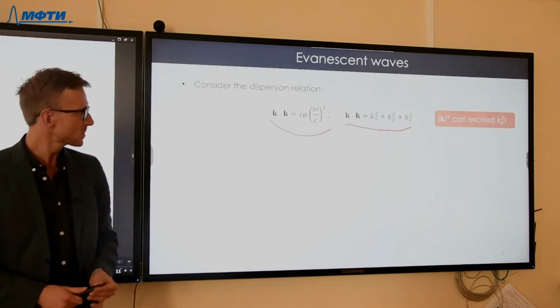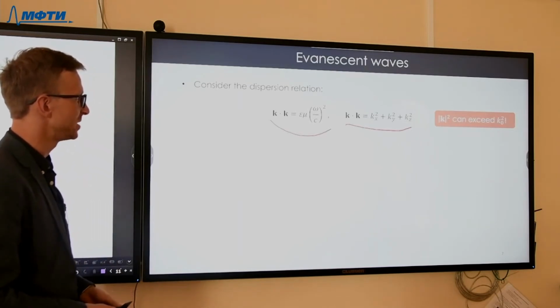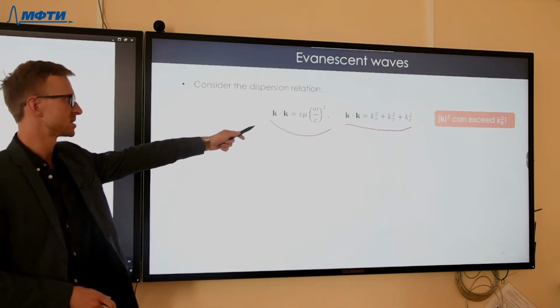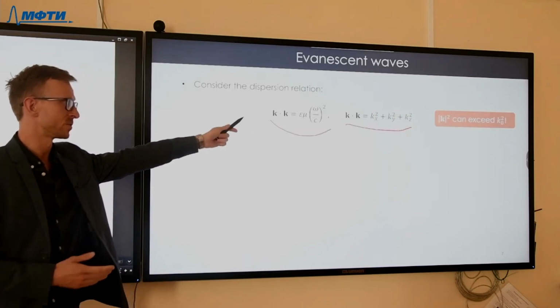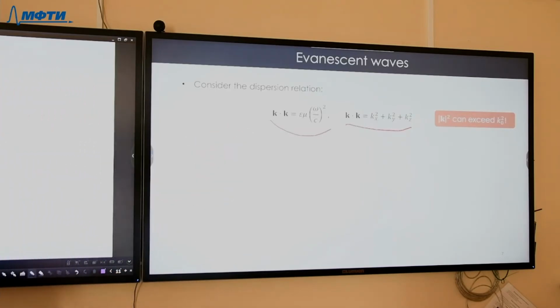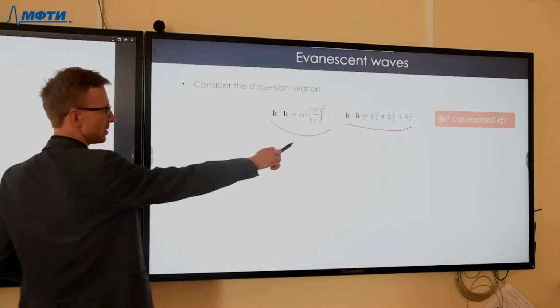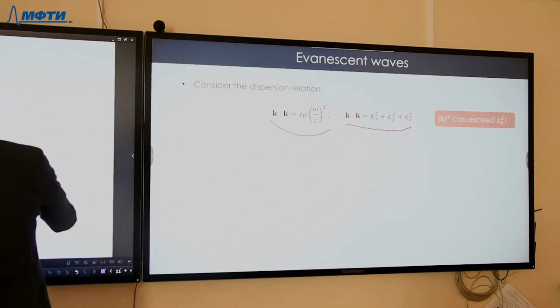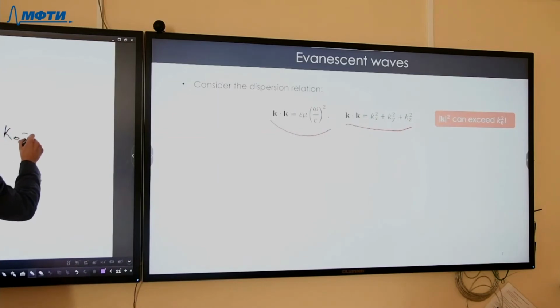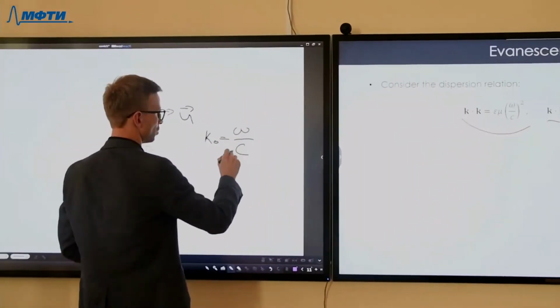So from here, we can see that if, in some case, for example, kz is imaginary, the magnitude of k can exceed k naught, where k naught is omega over c.